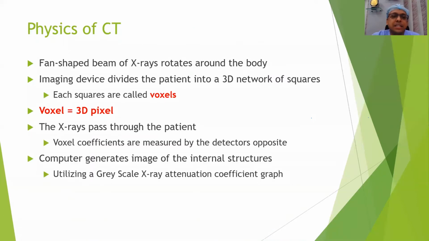Now a little bit of physics to understand how the CT scan data is created. As I said, it's a radiological beam or X-ray which rotates around the body. The imaging device divides the patient into a 3D network of squares. Now, this is very important: each square is called a voxel.